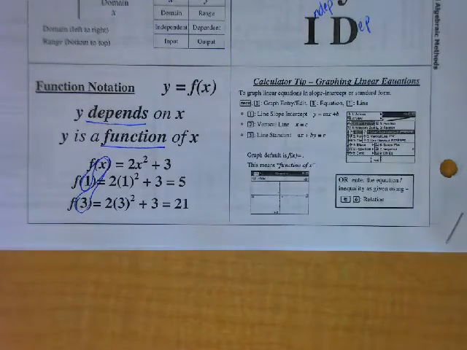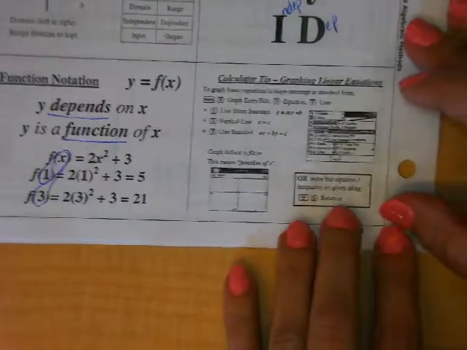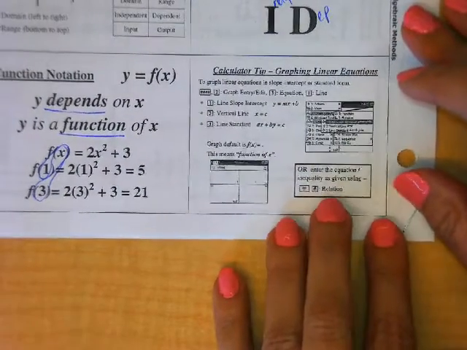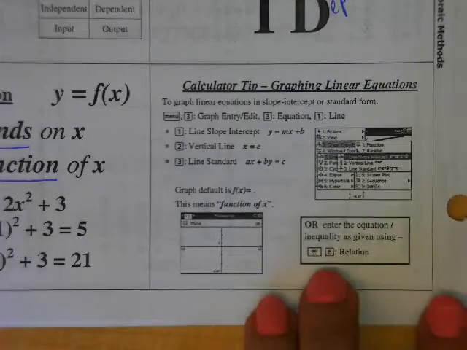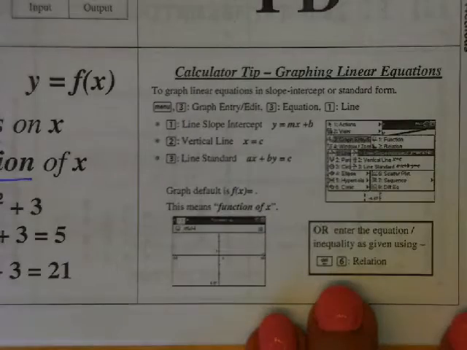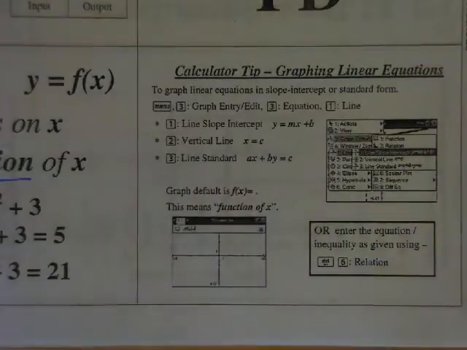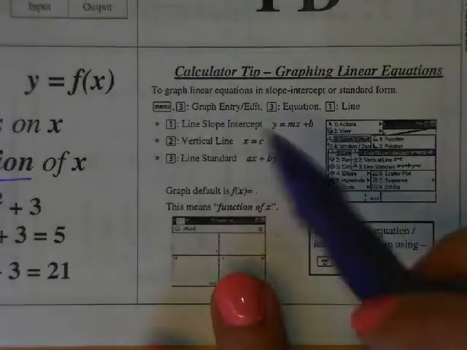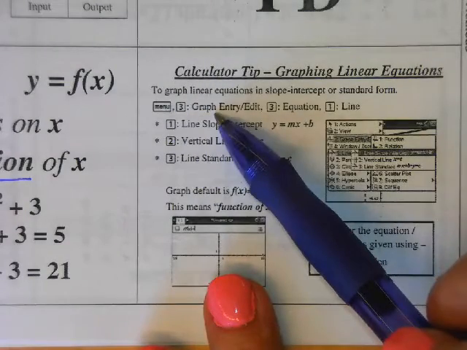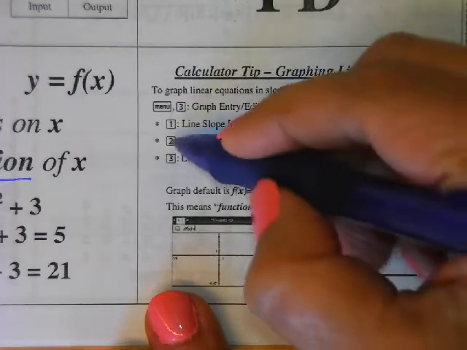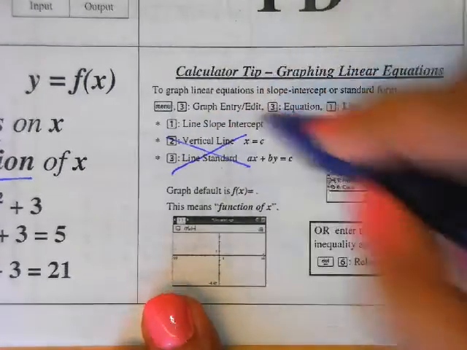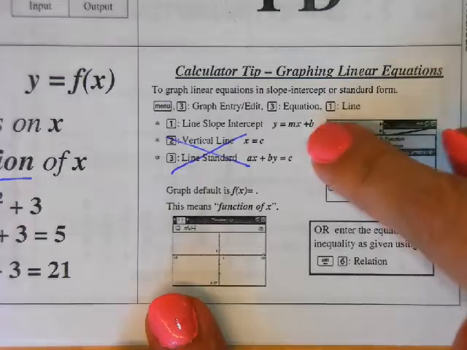Our calculator tip is that you can, in fact, graph a linear equation, menu. When you go ahead and put this in, you can put in our line. Now, you are not going to, unfortunately, be able to do a vertical or a standard form.